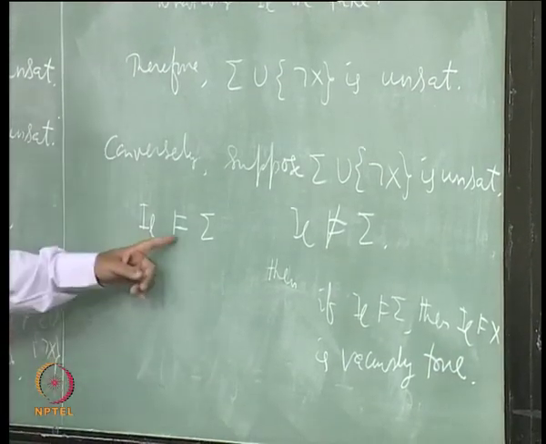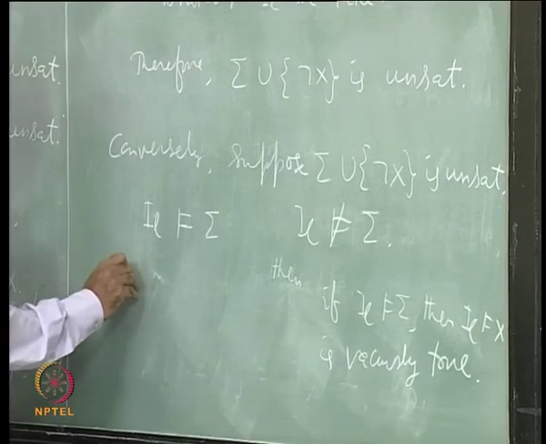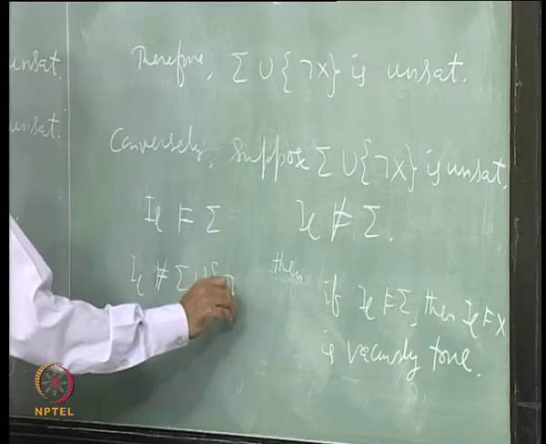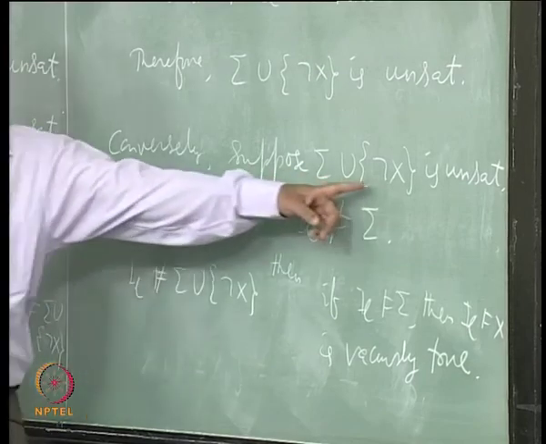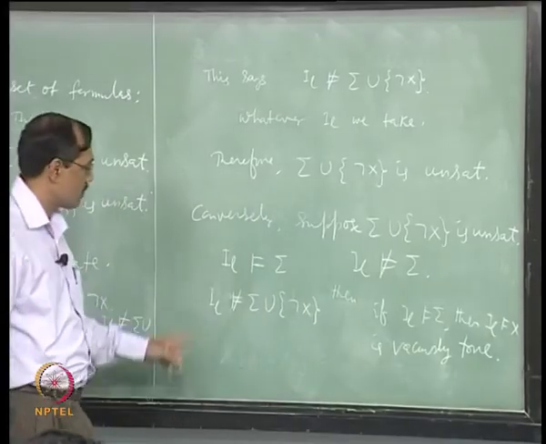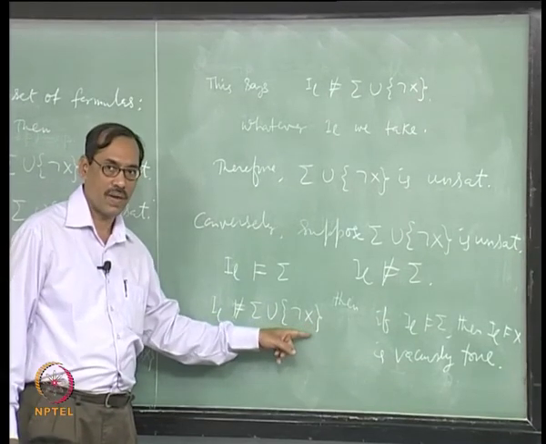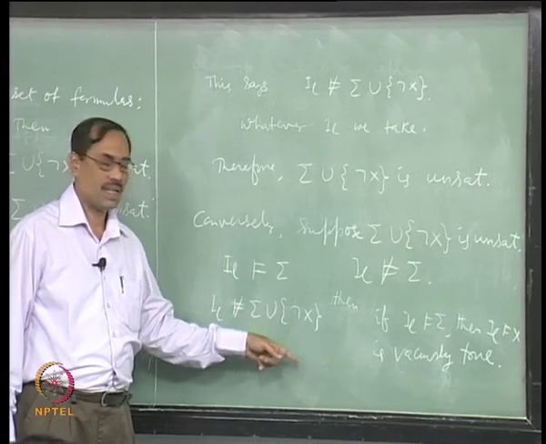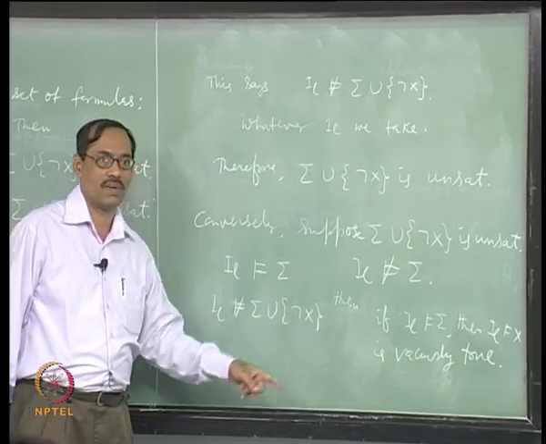Okay. In this case, when IL satisfies sigma, we know that IL does not satisfy sigma union not X, because sigma union not X is unsatisfiable. Therefore, this IL must falsify not X, at least one of them is falsified, right, but all of in sigma are satisfied. So, the other one is falsified, right.